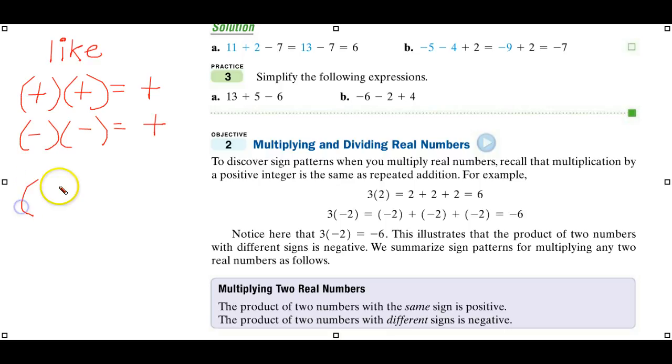Now if you multiply unlike signs, one is positive, one is negative, then the results are always negative. So whether it's negative times positive or positive times negative, unlike signs, the results are negative. And that's what they're saying here.